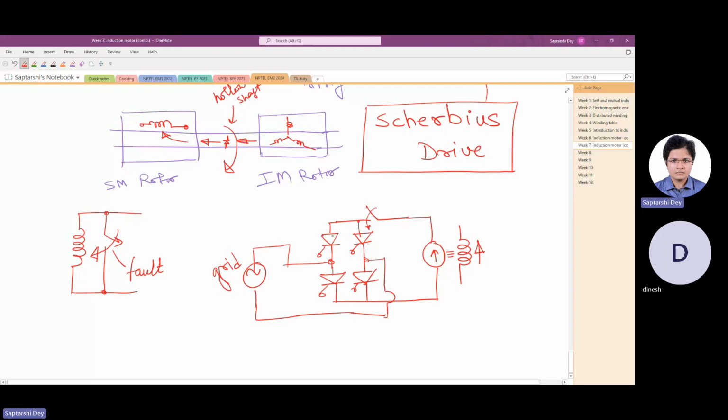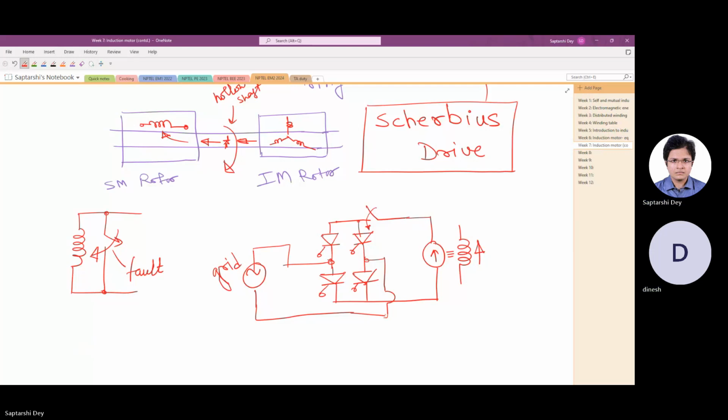Thyristor is the only option, although I drew thyristor from some other thought process. It's a current sourced inverter. Current sourced inverter means thyristor. The level of voltage and current is very high, then you have to go for a thyristor inverter.